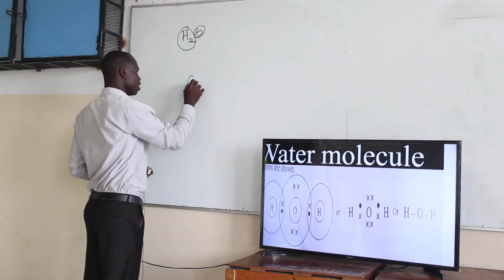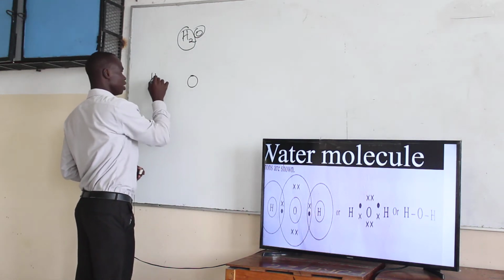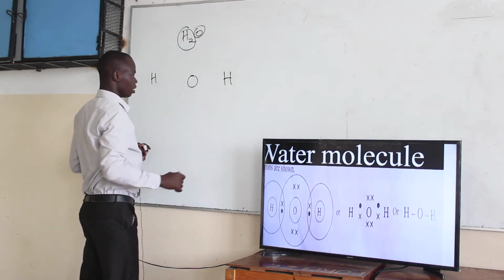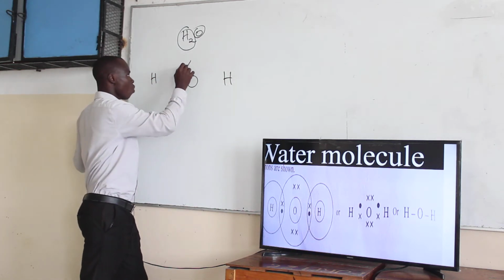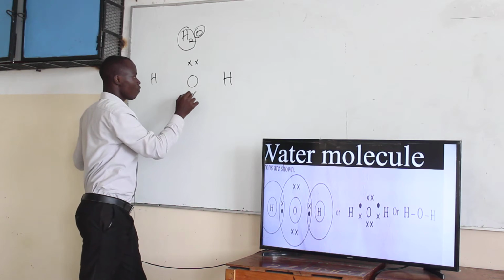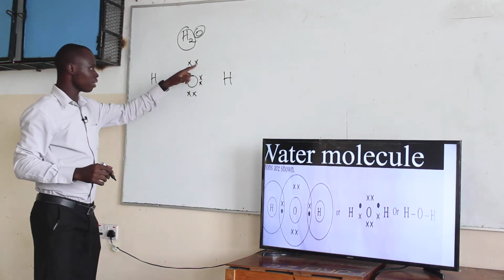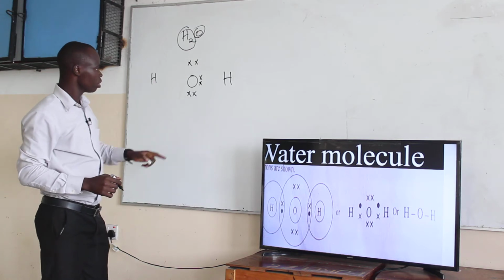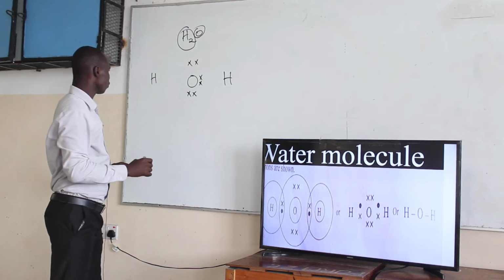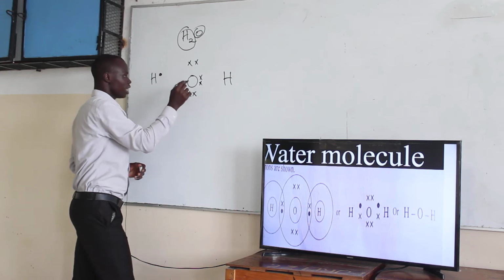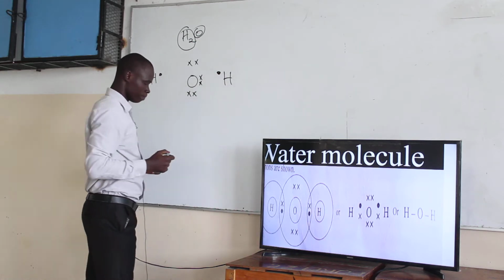So oxygen being here, hydrogen being here, another hydrogen being here. So what you do, 1, 2, 3, 4, 5, 6. So these are the electrons for oxygen.